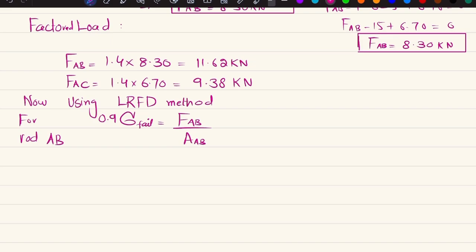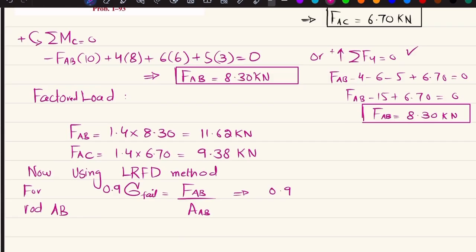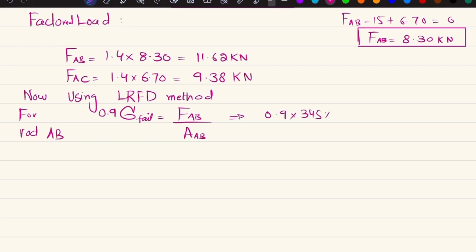Now what we will do is, from here, 0.9 multiplied by the failure stress given as 345 megapascal, so 345 into 10 to the power 6, clear, is equal to FAB which is 11.62 into 10 to the power 3 to convert it into Newton, divided by the area, so pi by 4 DAB square, clear?